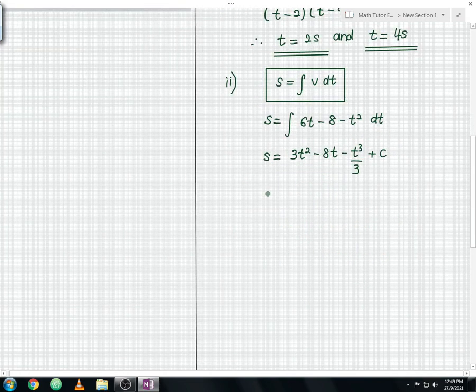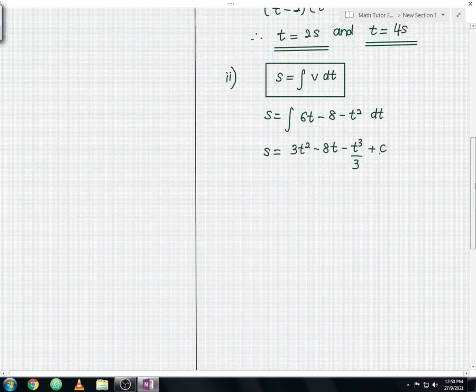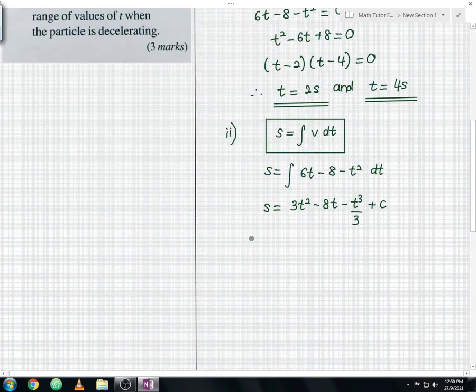Okay, so from here we're going to include an important information, which is it mentioned that a particle moves in a straight line that passes through a fixed point O. So from here, when t is equals to 0, S will be equals to 0.